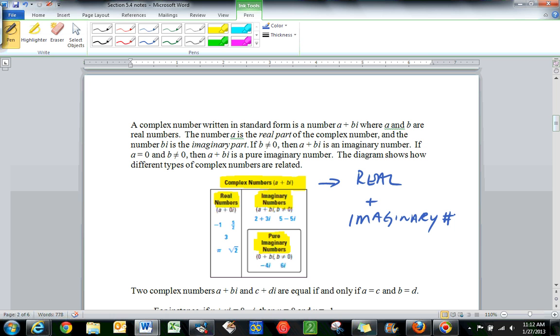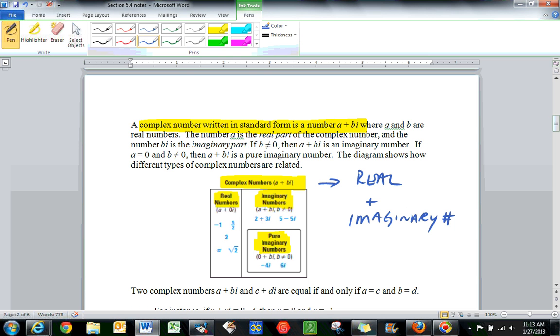So when we take a real number and an imaginary number, that's when we're going to get a complex number. Now it's very important that we write these in the proper form, and a complex number has a standard form where the real part comes first and the imaginary part comes second. So we need to keep that in the proper order whenever we're writing our answers.